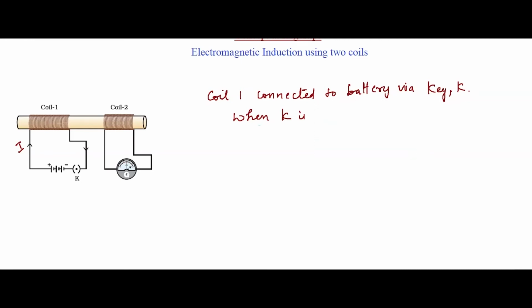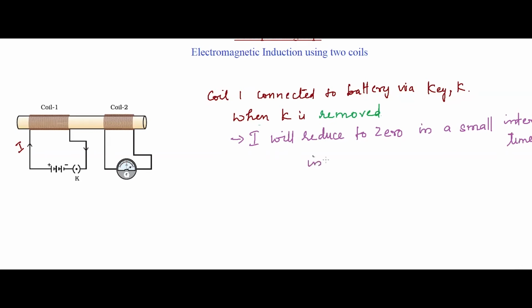When K is removed, when the plug is removed, the current which was I will reduce to 0 in a small interval of time.